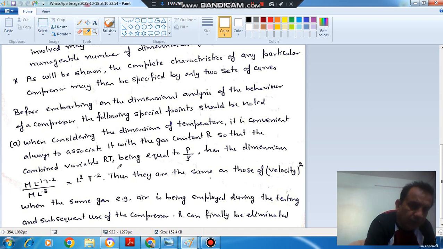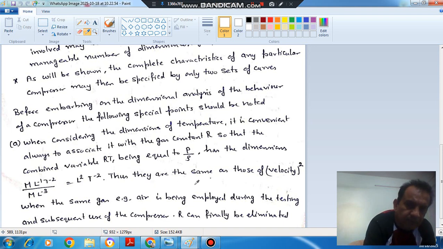If we take a separate dimension for temperature, then the fundamental variables will be four, but now we are reducing the number of fundamental variables by using this. Reading this out: when considering a dimension of temperature, it is convenient always to associate it with the gas constant R, so that the combined variable RT, being equal to P by rho, has dimension ML^-1 T^-2 divided by ML^-3, which is equal to L^2 T^-2.